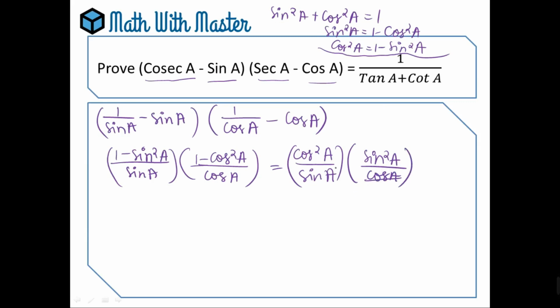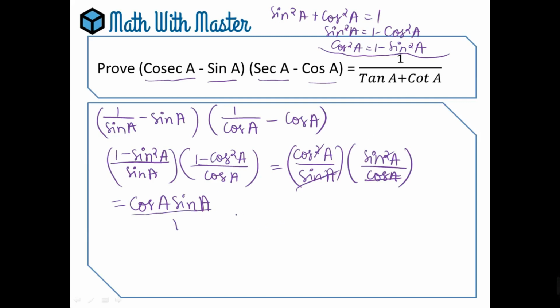So the answer here will come cos A sin A. If cos A sin A is divided by 1, the answer will come the same. If we divide any number by 1, the answer will come the same number.